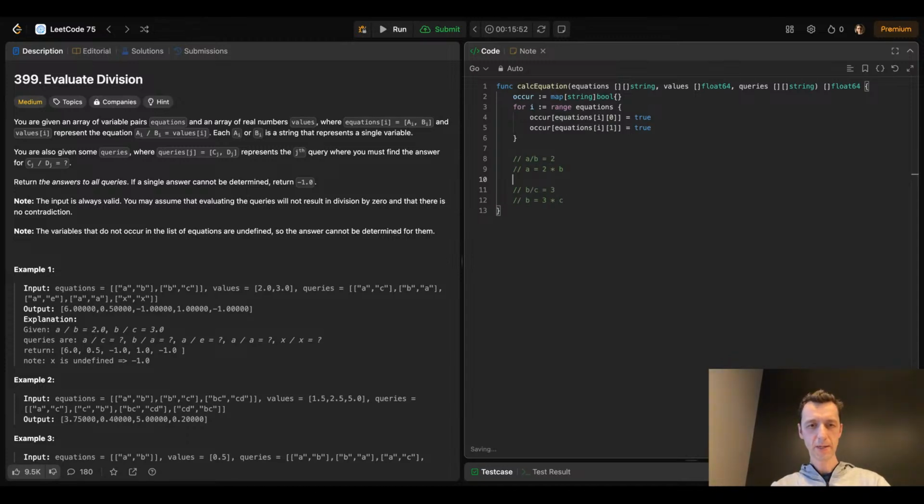What that means if we want to know, so what would be A divided by C? And the question is, how much is A divided by C?